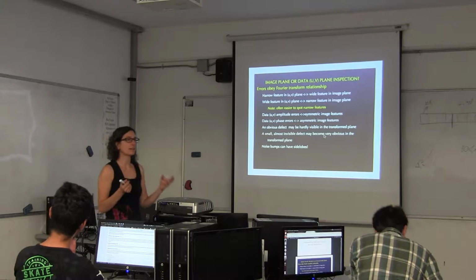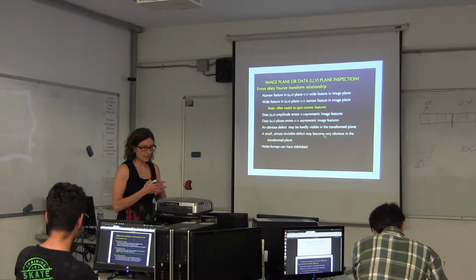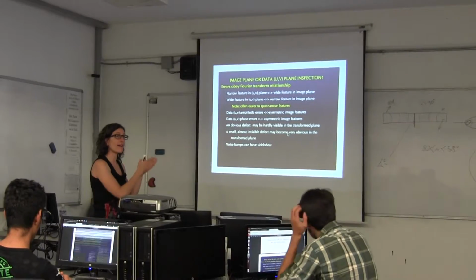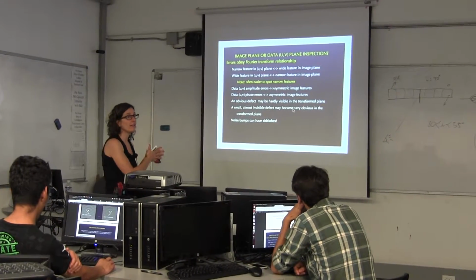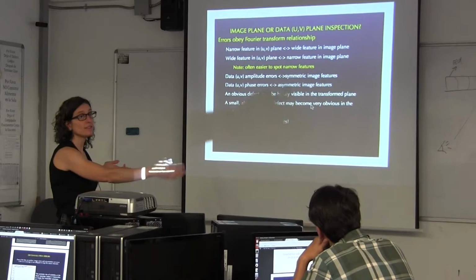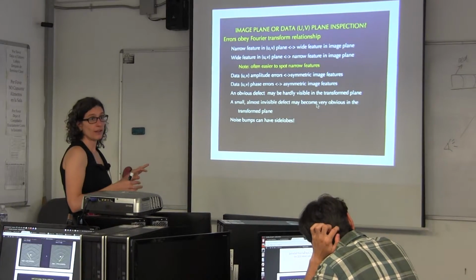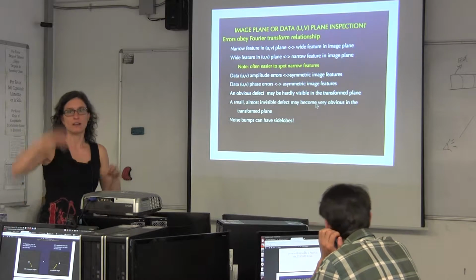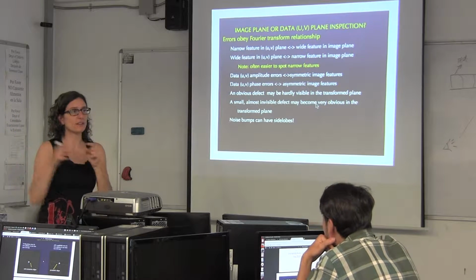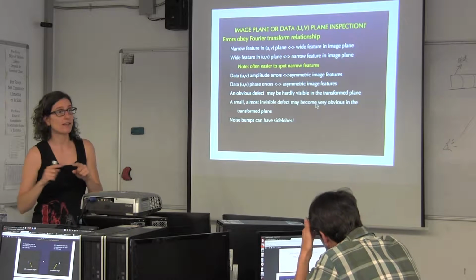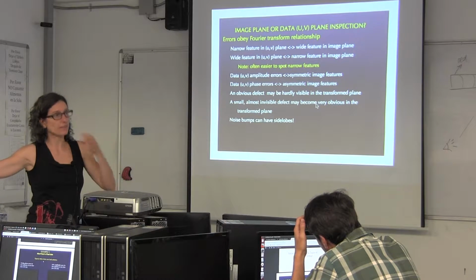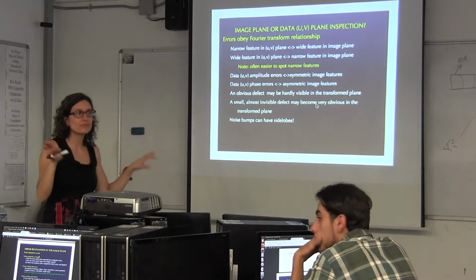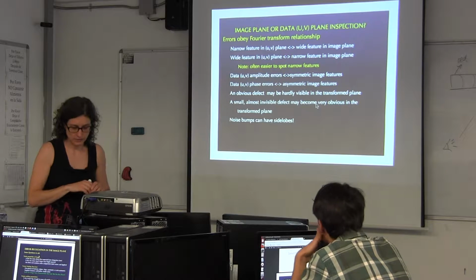Remember that in Fourier transform space, narrow features in the UV plane are wide in the image plane and the other way around. So when we have narrow features in the UV plane and we image that, it will be translated into a wide thing in our image. If we don't want that, we will have to get rid of those nasty points.